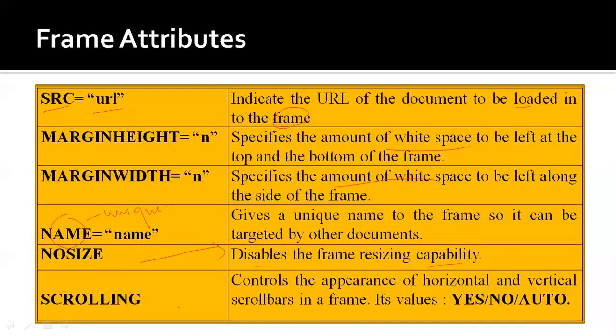Scrolling controls the appearance of horizontal and vertical scroll bars in a frame. Its value can be yes, no, and auto. Yes means the scroll bar will be there. No means there will be no scroll bar. And auto means by default there will be a scroll bar as needed.